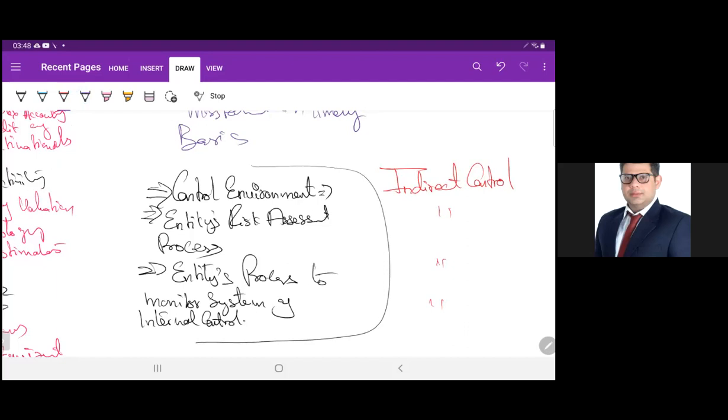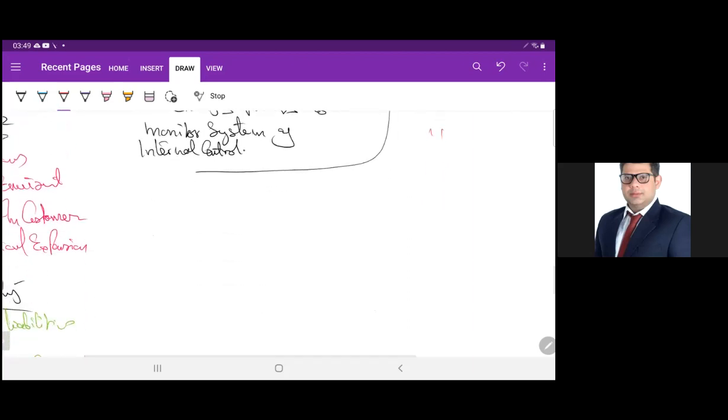And then we have the other two types for the component, that is info, and what are those? Information system and communication. Finally, control activities.